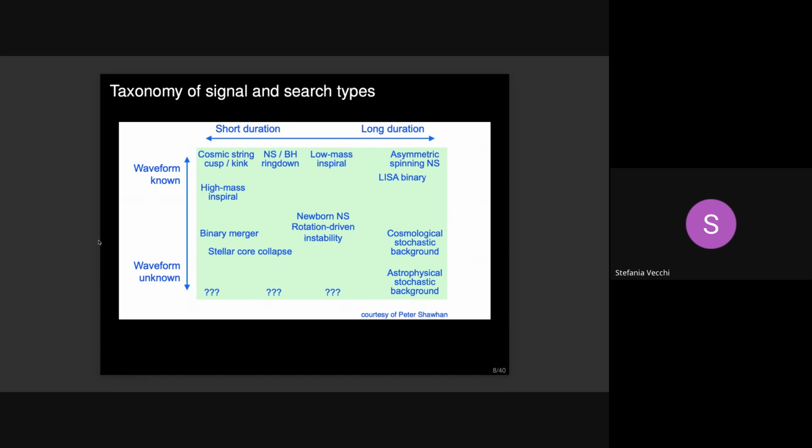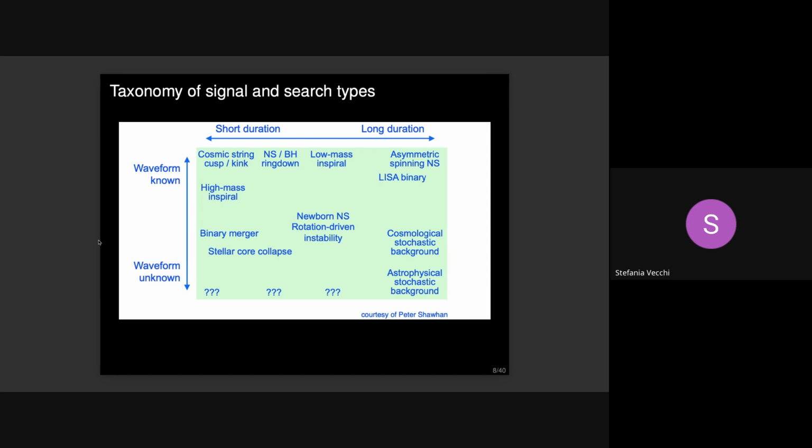There are also these question marks, where we are hoping to detect an unknown waveform from an unknown source, which makes it even more complicated, because we don't even know what we are looking for.